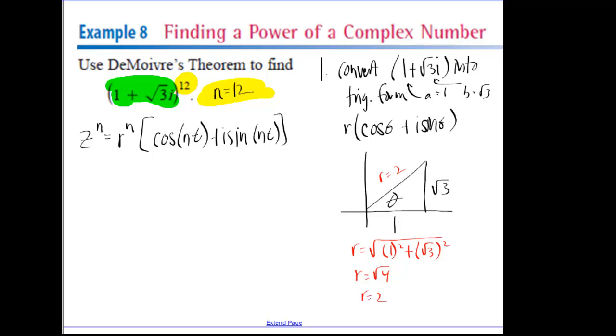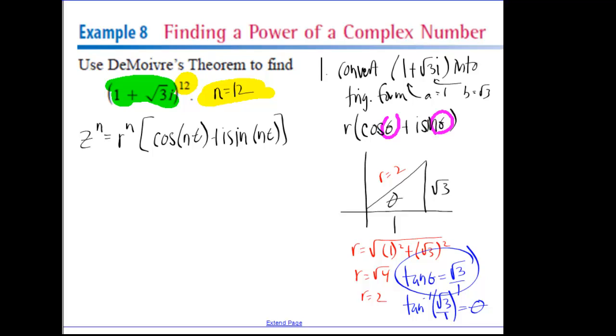The next thing we need is this value of theta. We can use the fact that tangent of theta equals opposite over adjacent, and take the inverse tan to get theta. Or simply by looking at our diagram, I see theta is in the first quadrant. So what value of theta has a tangent of positive root 3?